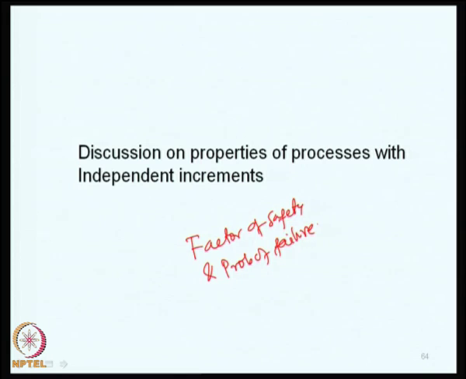The notion of factor of safety essentially originates from a deterministic outlook, whereas probability of failure comes up when we are modeling uncertainties using the theory of probability, random variables and random processes. So how are they related? That is one of the questions. We will briefly consider the philosophical issue there, and then we will consider some more problems in response of dynamical systems to random excitations.